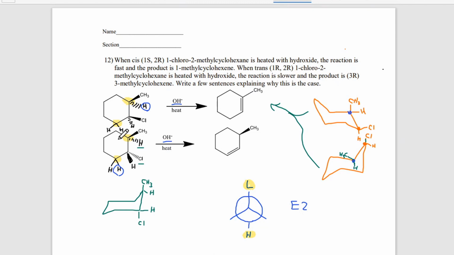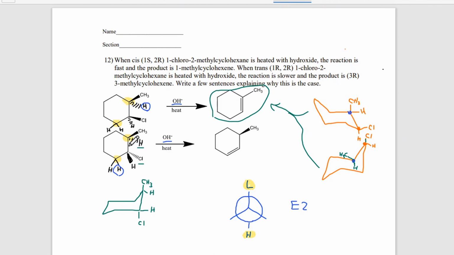So for the elimination to occur, the beta hydrogen to be removed has to be pointing in the opposite direction. If it's dashed here, the leaving group has to be wedged, or if the hydrogen is wedged, the leaving group has to be dashed. In this case, because they're in opposite positions, the elimination can occur and you get this product.